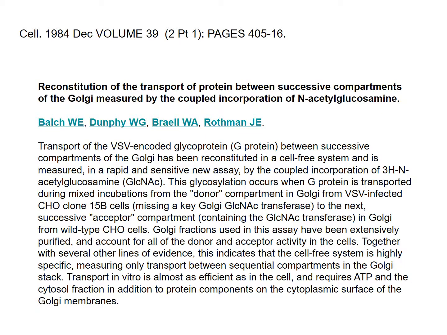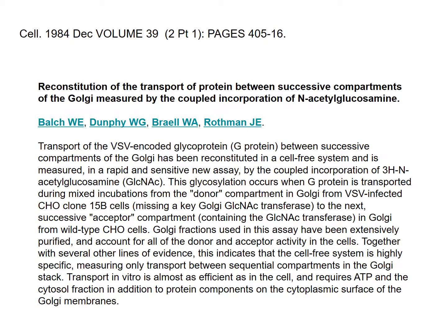And they could follow, because they had an antibody to it, this protein through the different Golgi stacks, and they made it in a cell-free system. And so now they had an assay to look at the speed and all the materials required to move a protein through the Golgi. And we'll come back and you can read that.